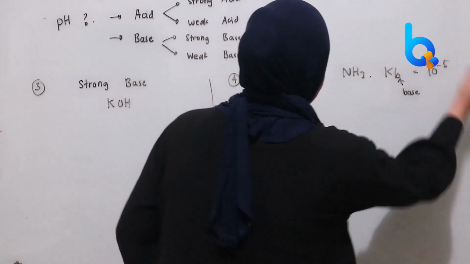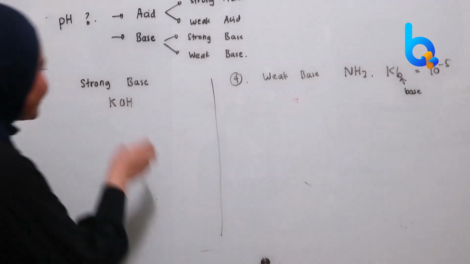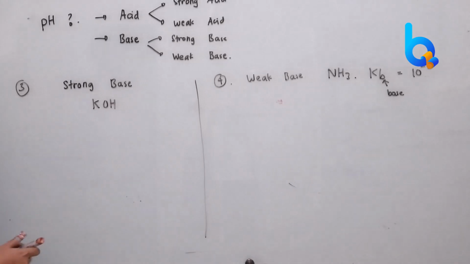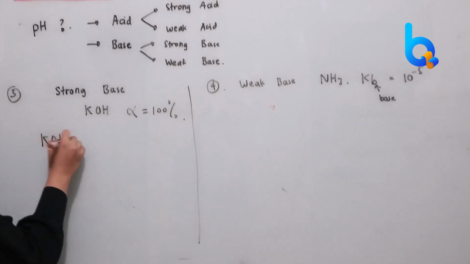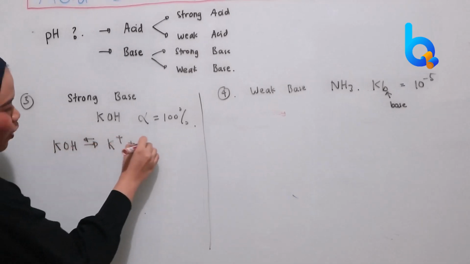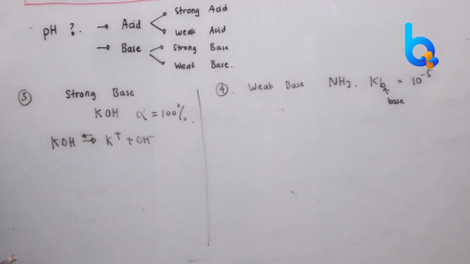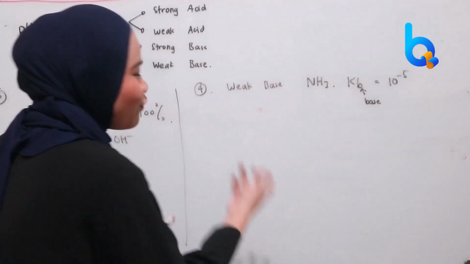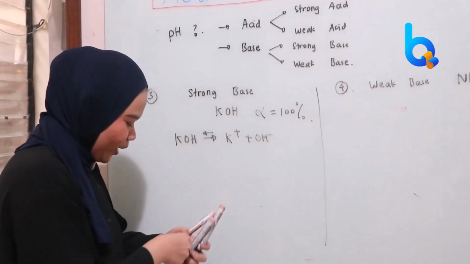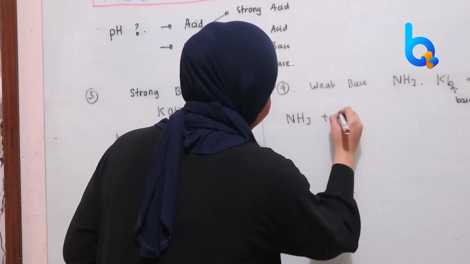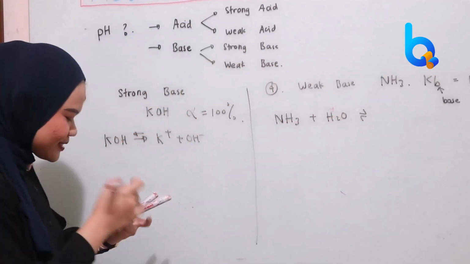Okay, I will say 10 to the power of minus 5. Because of the strong base, the concept is really the same. Alpha is 100%. So what happened? KOH equals K plus OH minus. Really simple. But if you have the weak base, we have to make a balanced equation with the Bronsted-Lowry concept. NH3 plus H2O first, and then this is a little bit tricky.